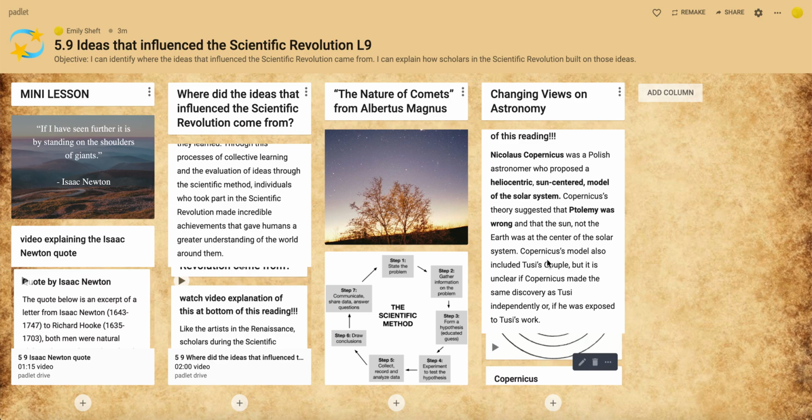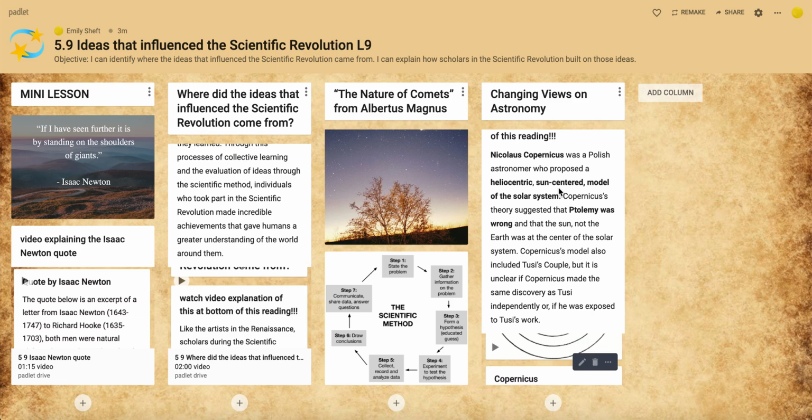And he also, in his findings, came up with some similar findings as Tusi. We don't know if Copernicus figured this out by himself or if he was exposed to Tusi's work, but we see this building of collective learning from Ptolemy to Tusi to Copernicus.